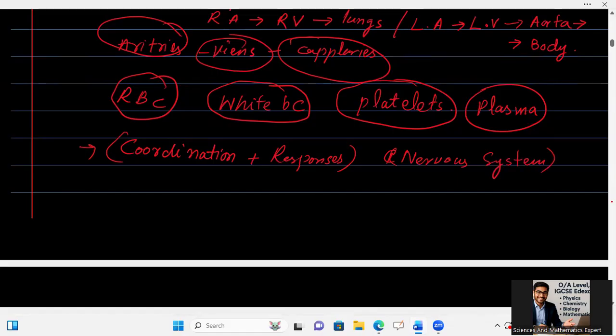The nervous system is basically a fast coordination technique, with electrical impulses that get the response from a stimulus, detected with the help of receptors. The stimulus goes to the receptor, then the sensory neuron. After that, there is the central nervous system, CNS, like the brain, and that is the coordinator.